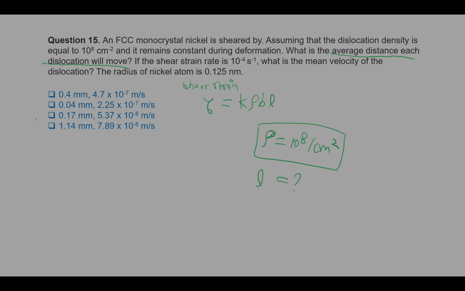B, we can calculate using FCC. Atomic diameter B is equal to A by root 2. And if we convert this, 4R is equal to root 2A.